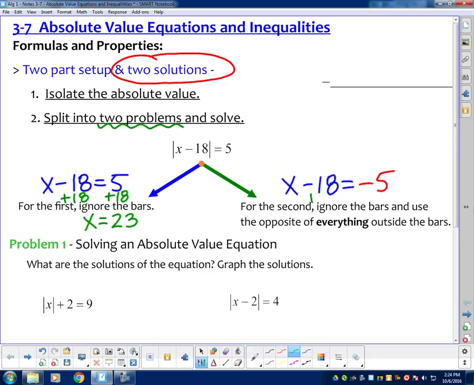On this one, what's 18 and negative 5? 13. Okay, so I have my 2 answers. They are not one positive and one negative.